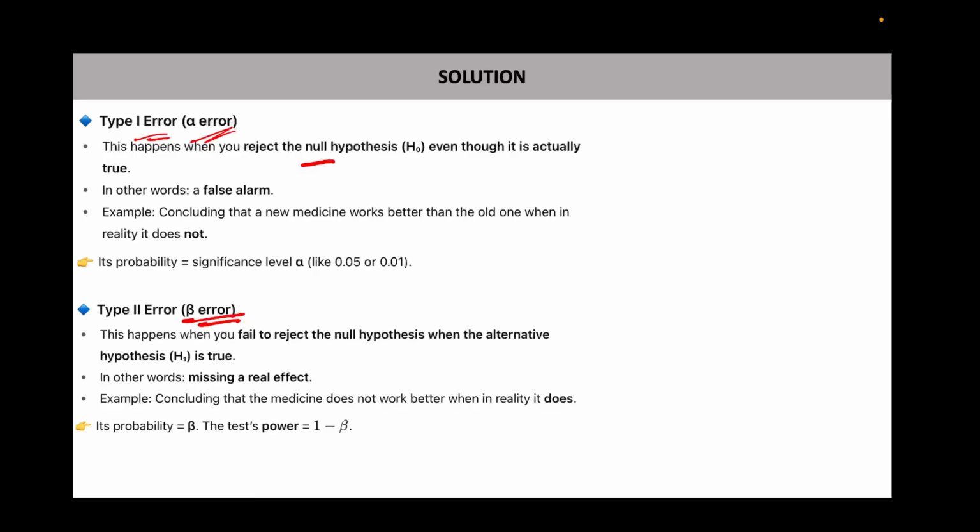If we take the medicine example again, we have concluded that the medicine does not work, but the truth is that it actually works. So we have accepted the null hypothesis, but the alternative hypothesis was true, and therefore the error from this is your type 2 error or the beta error.